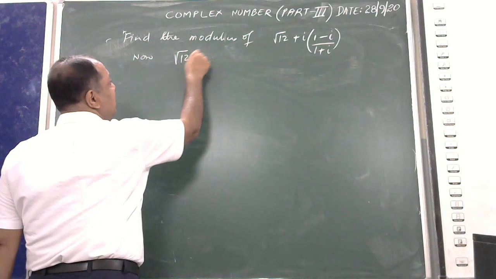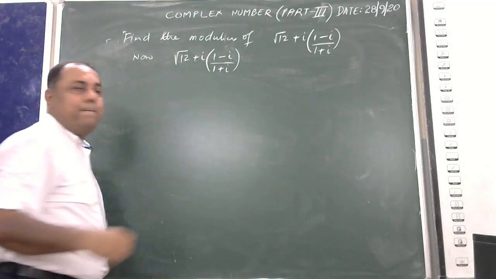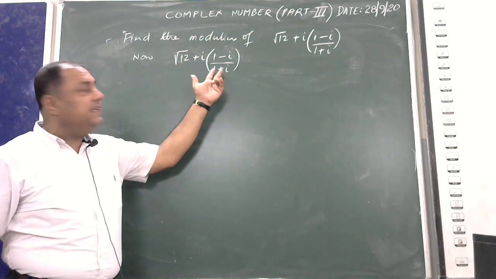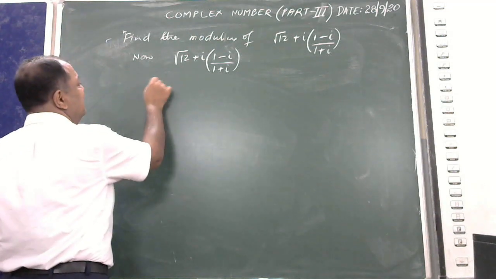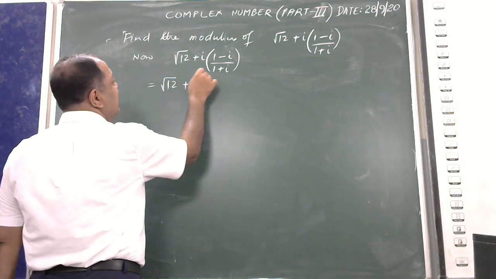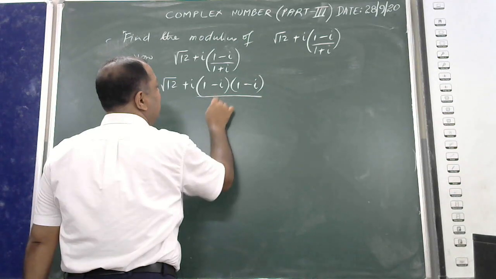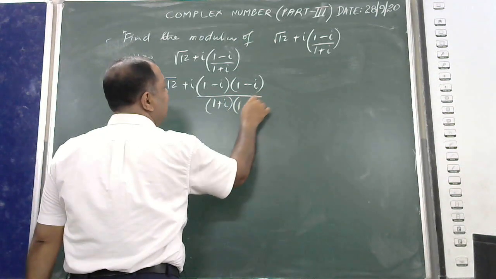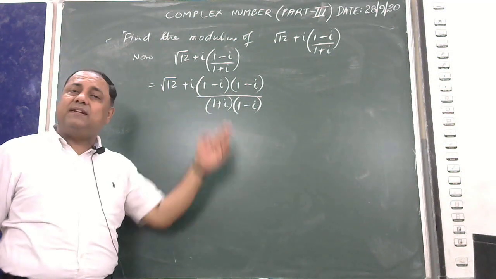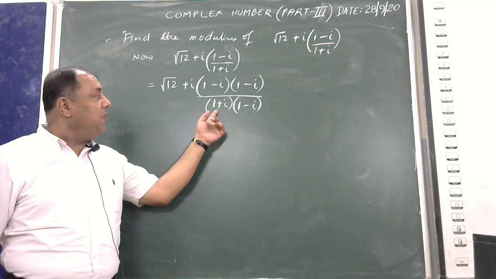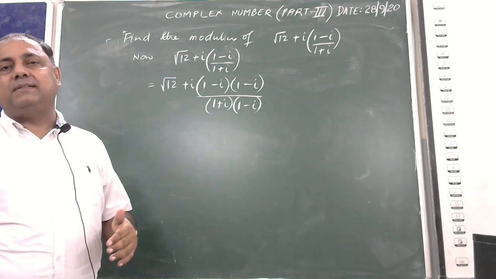Root 12 plus i over 1 minus i, and I multiply the numerator and denominator by the conjugate of the denominator. The conjugate of 1 plus i is 1 minus i.